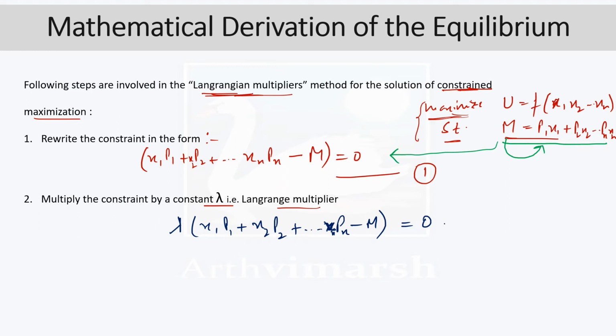Now the third step is to subtract this second equation, this constraint, from the utility function and obtain the composite function. Okay, so I'll write it for you.